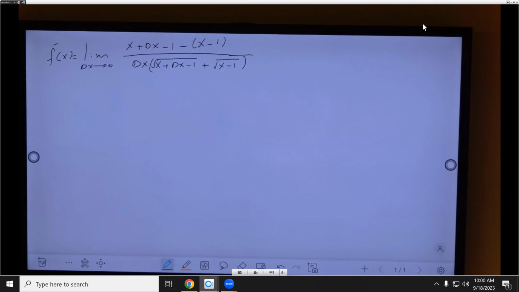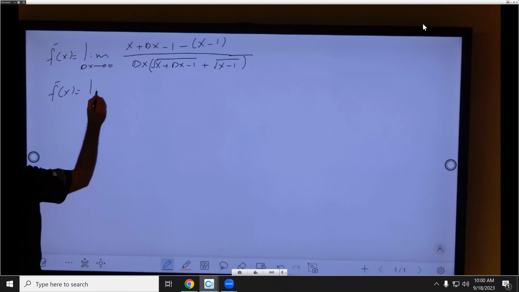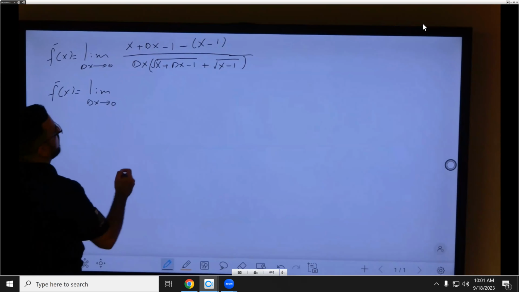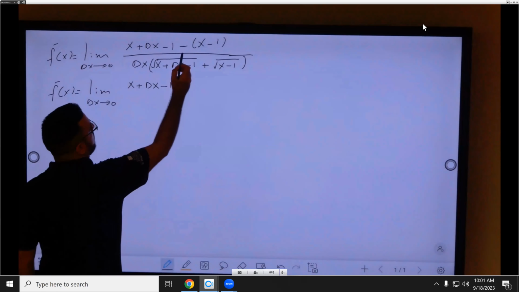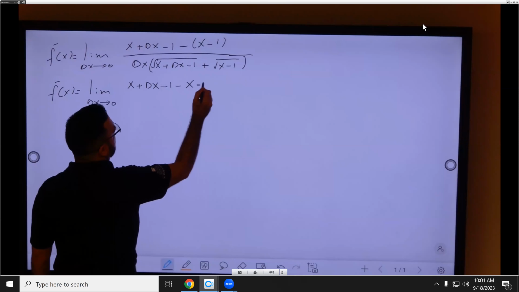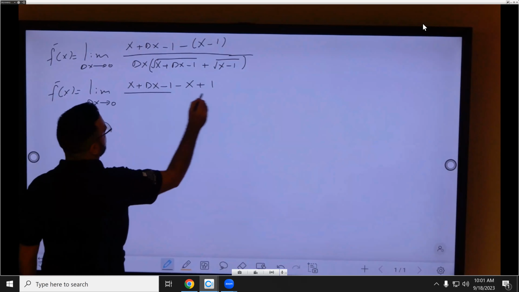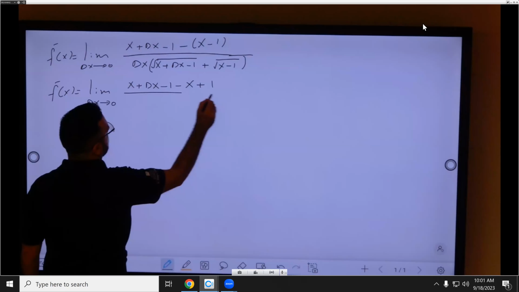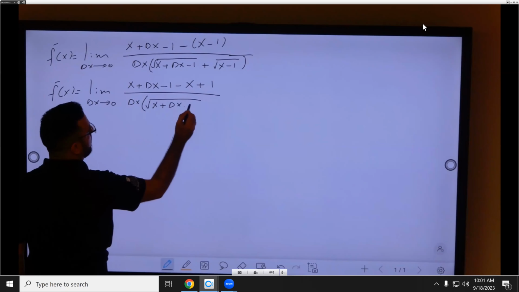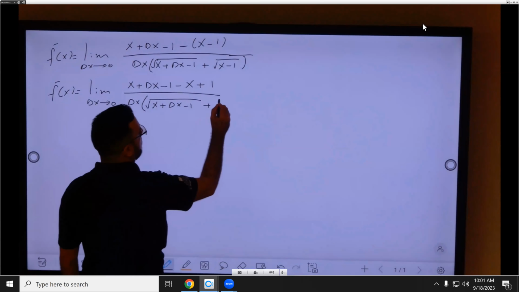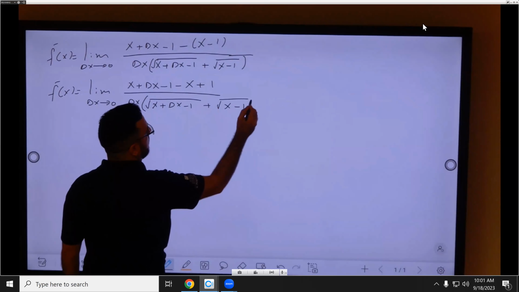What's the next step? Distribute the negative. Yes. f prime of x is going to equal the limit as delta x approaches 0 of x plus delta x minus 1, distribute the negative sign, is negative x plus 1, divided by delta x times the square root of x plus delta x minus 1 plus square root of x minus 1.